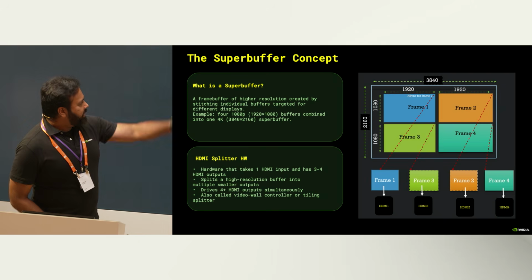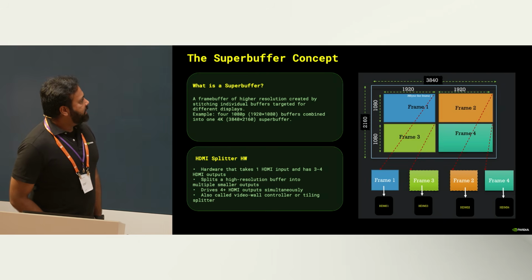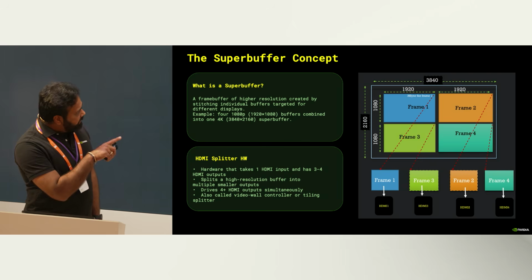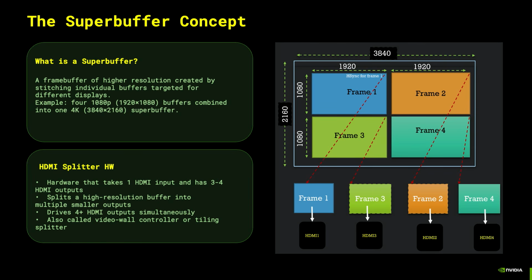This is just a pictorial example. In this example, you can see that there are 4 full HD, 1920 x 1080 resolution frame buffers, and they are stitched together. Of course, in real memory, it won't look like that. This is just for better understanding.